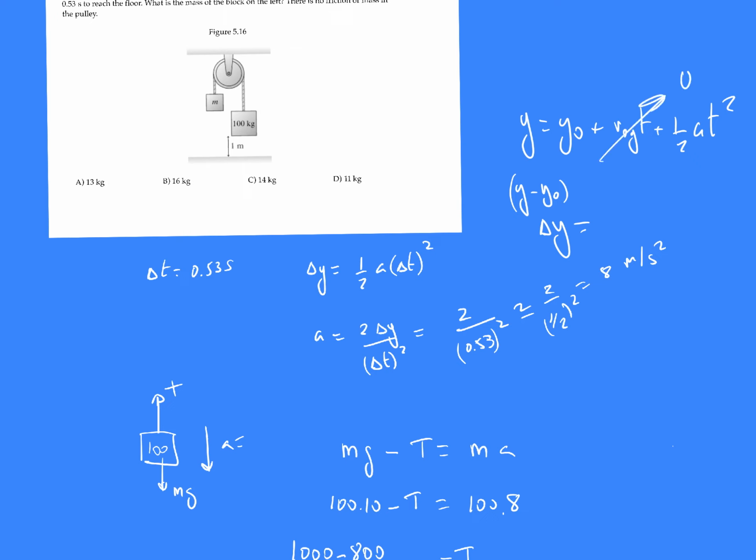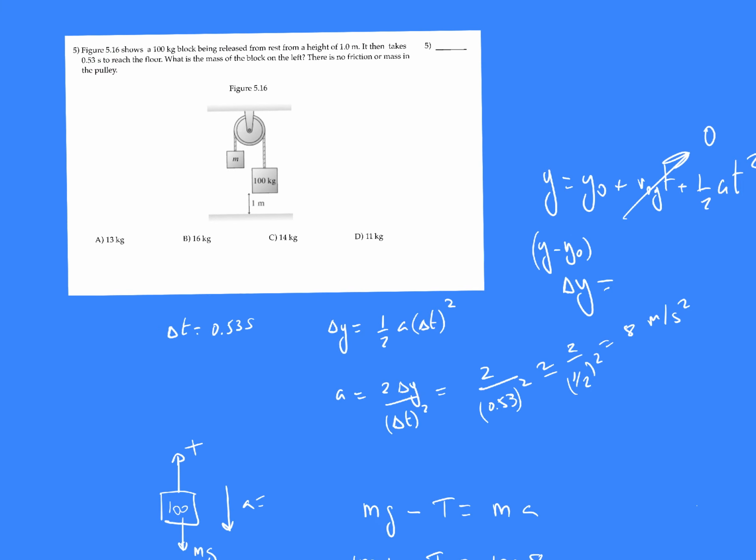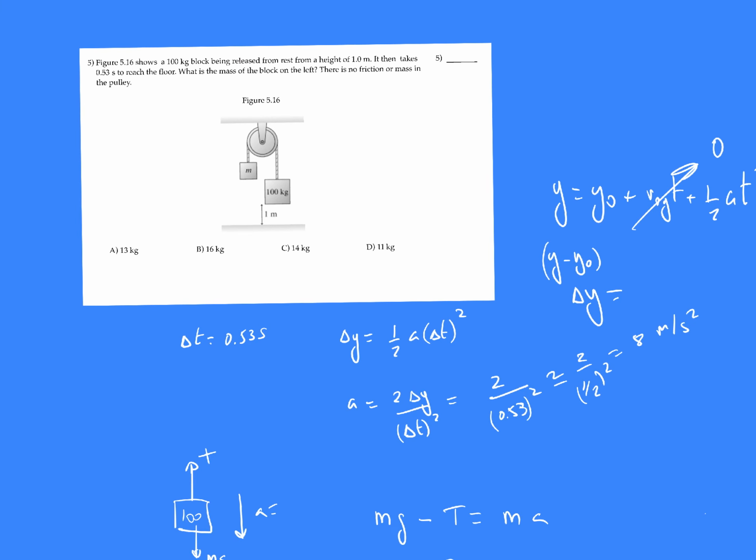I consider v0y equals 0 because v0y is the initial velocity, and it says here that it starts from rest. So delta y is 1/2 a by the time elapsed, delta t squared. So the acceleration is 2 times delta y divided by delta t squared, solving for a. This is the acceleration. So the acceleration will be like 8 meters per second squared if I didn't make a mistake.